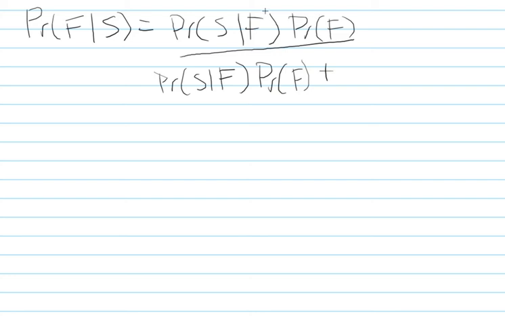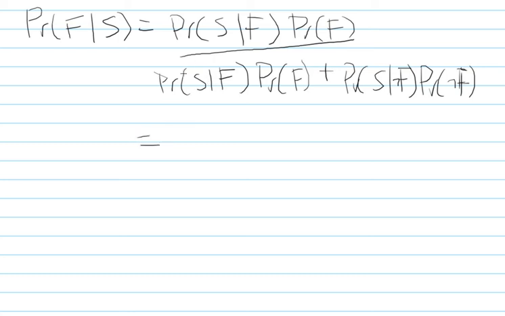So over that same product, sorry. Then you add the probability of the symptoms given not having the flu, and you multiply that by the probability of not having the flu. So another way of thinking about this is kind of the weighted average of having symptoms, in a sense.